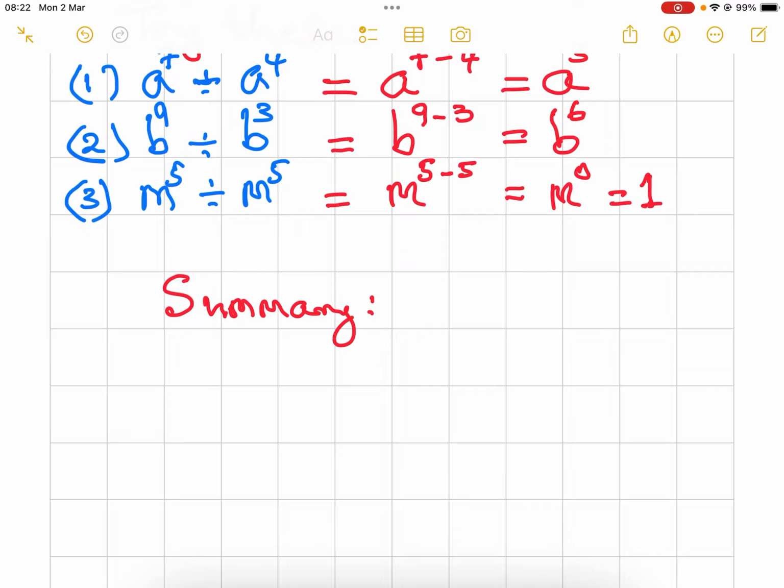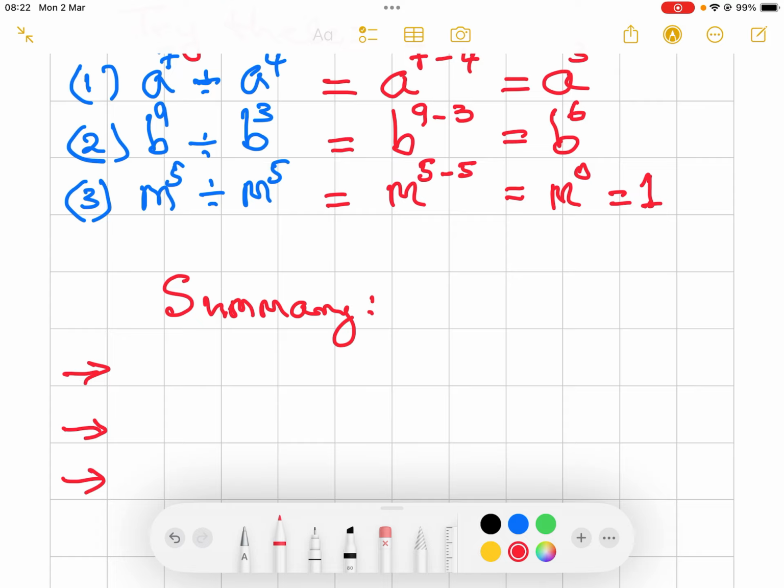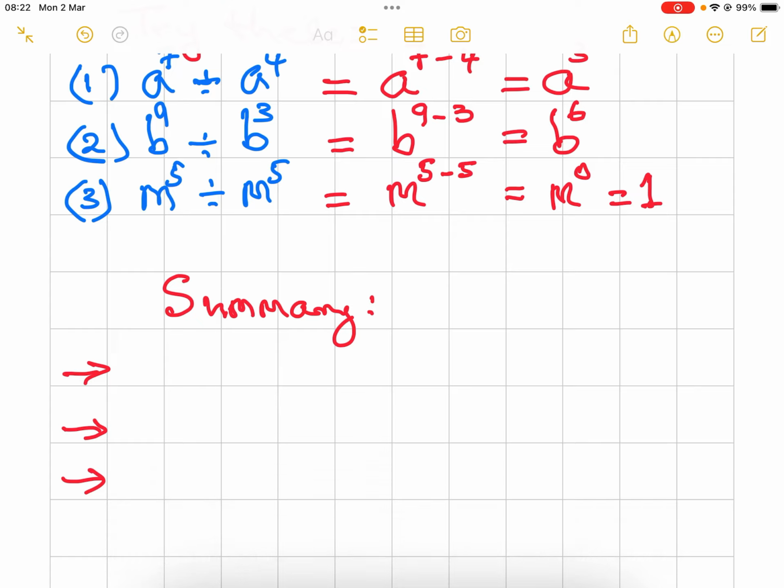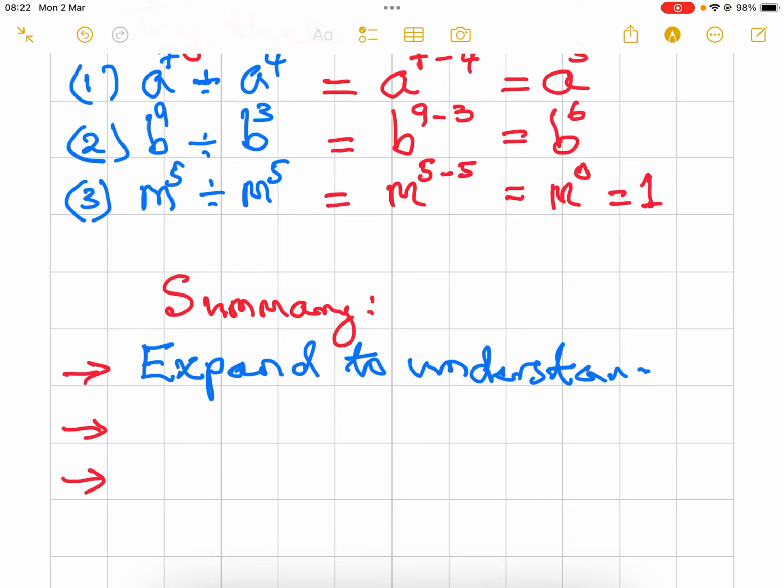Let's summarize. We have considered at least 3 points in this lesson. The first one, you can use the expansion method to understand.